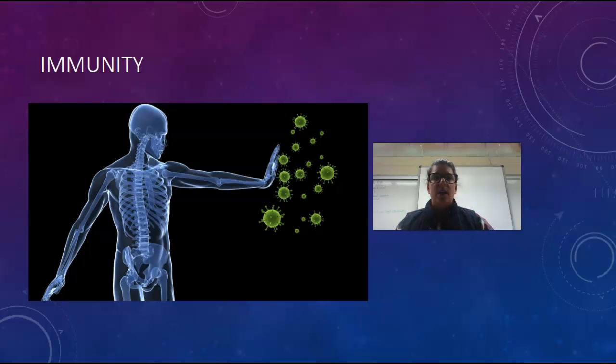All of those things are a really important part of keeping us safe from bacteria and viruses and fungus and other pathogens. And then there's other ways that your body keeps itself safe through vaccines and antibodies, cell-mediated responses and humoral responses. And so we're going to look at all of the different ways in which our body fights off infections, which in this day and age is great information to know.